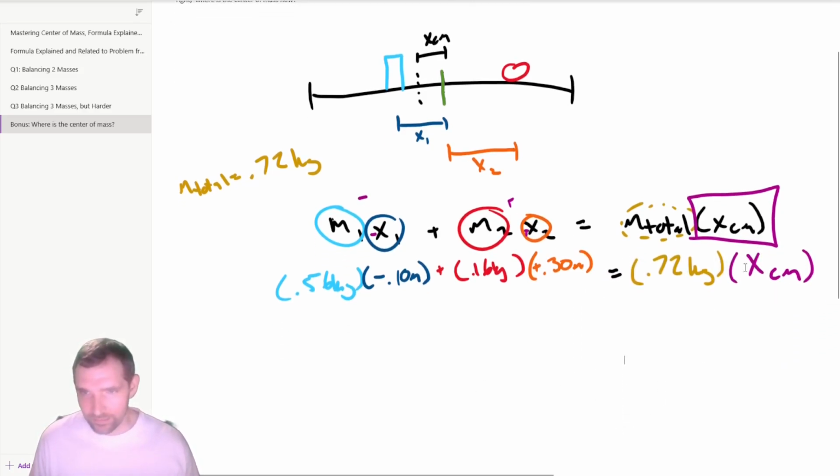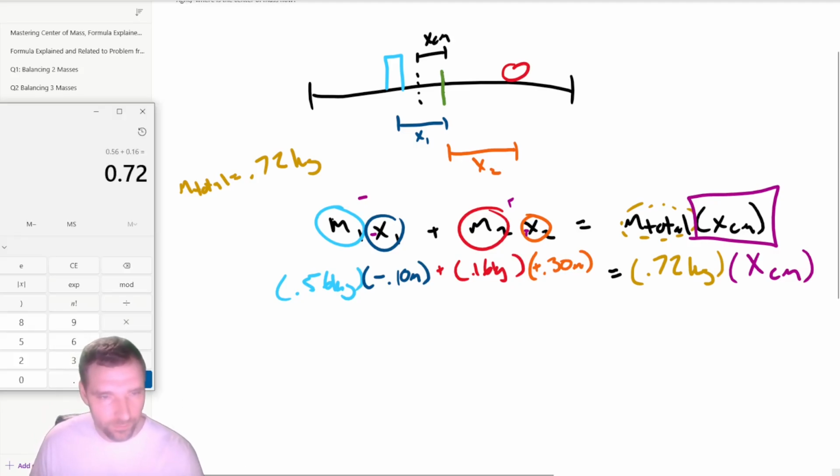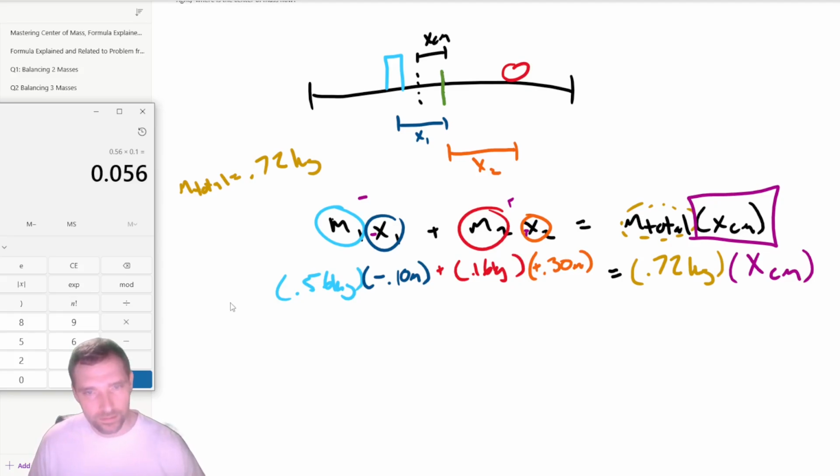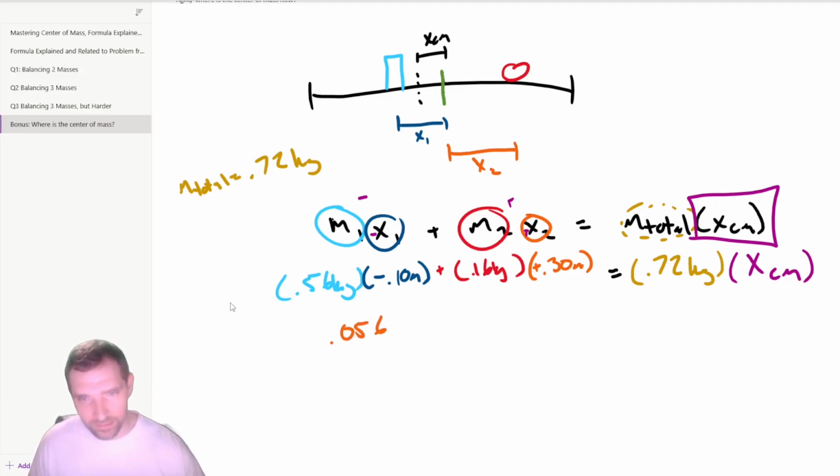And we just kind of plug in. We have everything here besides this, so algebraically this should be solvable. So 0.56 times 0.1 is 0.056 kilogram meters.